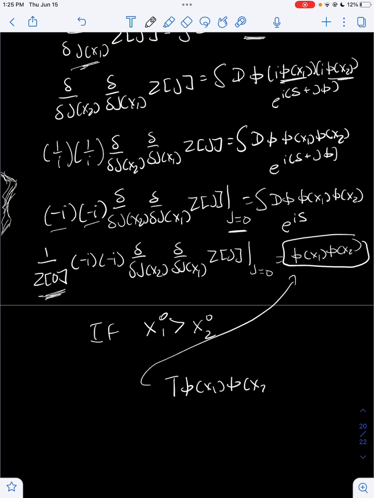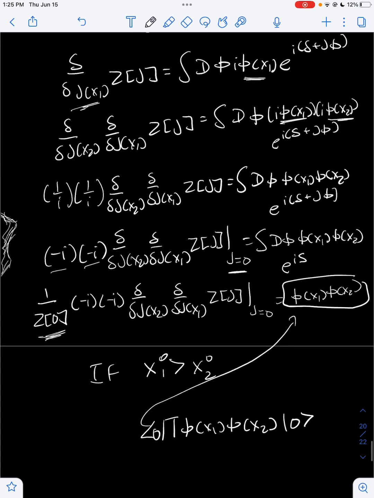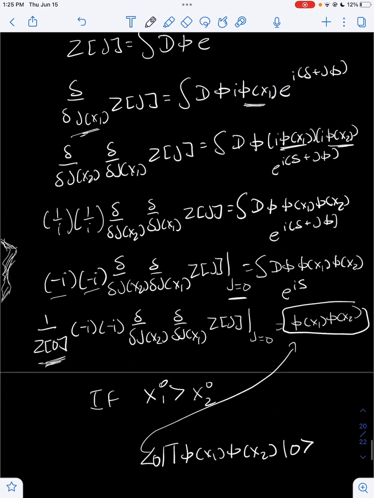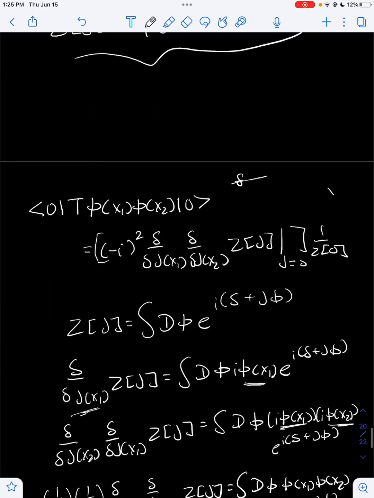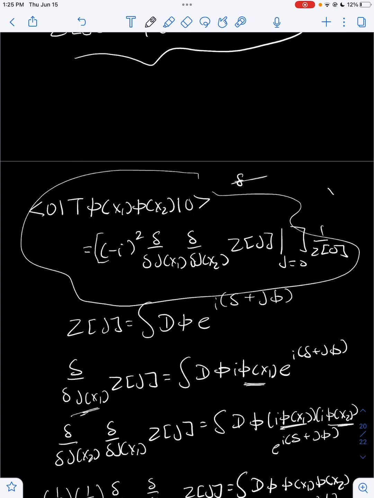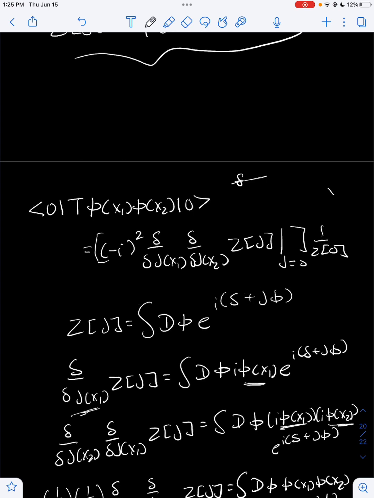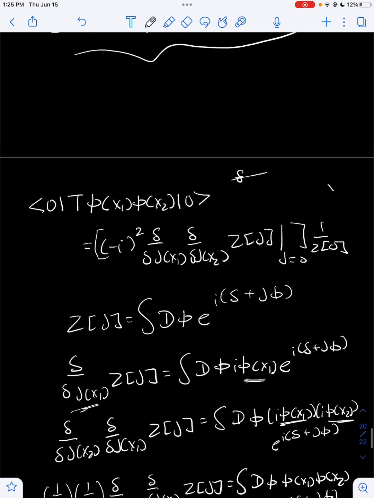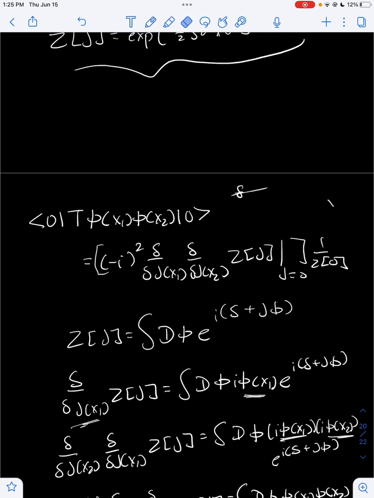And then we can just go ahead and stick those vacuum states in there since it won't change our expression. So that justifies the claim that this is true. And we can easily generalize this to any number of fields if we want to. So this wonky equation is why we actually use the generating functional.